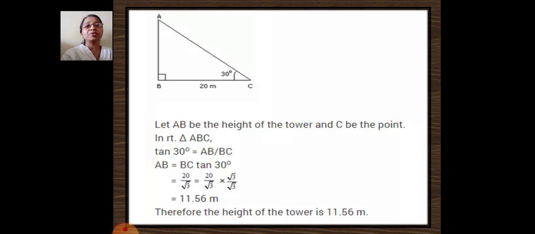On simplification, root 3 into root 3 is 3. So you will get 20 root 3 upon 3. Substitute the value of root 3 as 1.73 and multiply. On simplification, therefore the height of the tower is 11.56 meters.